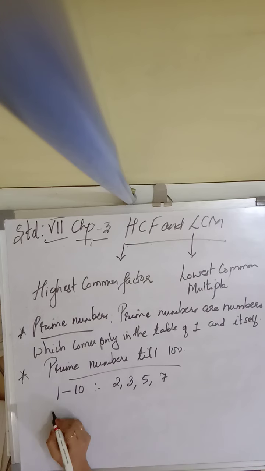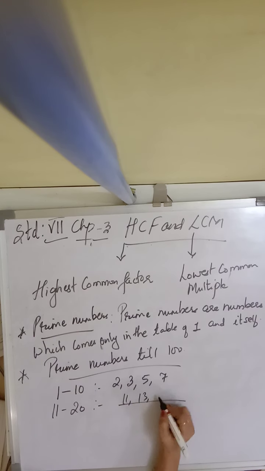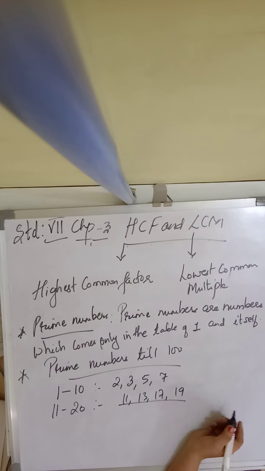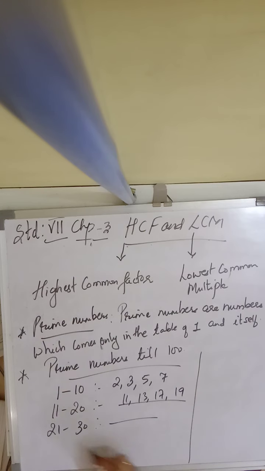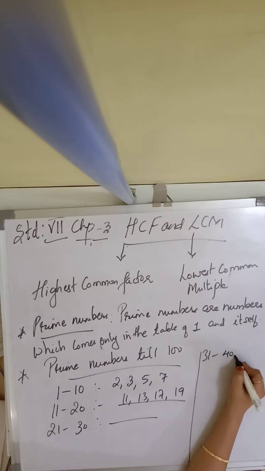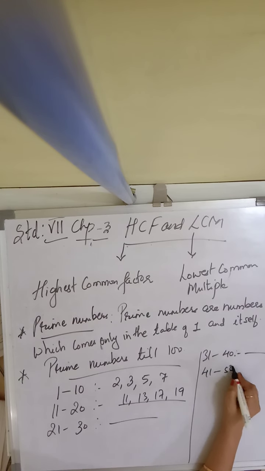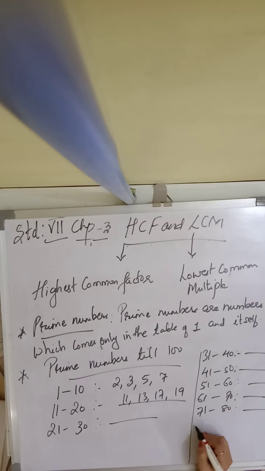So we have 2, 3, 5, 7. Same way go for 11 to 20. 11, 13, 14, 15, no. 16, 17, 18, 19. Okay, so 11, 13, 17, 19. Then 21 to 30, 31 to 40, 41 to 50, 51 to 60, 61 to 70, 71 to 80, 81 to 90, and then 91 to 100.